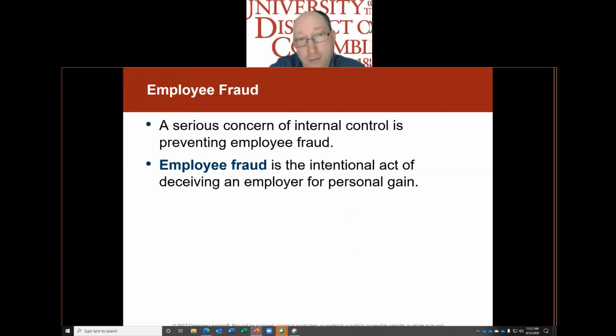That's fraud, okay? There are so many different types of fraud, unfortunately, but it's important to understand what fraud is in order for you to prevent it from happening to you and to your company. And so we go to prevent fraud by implementing internal controls.